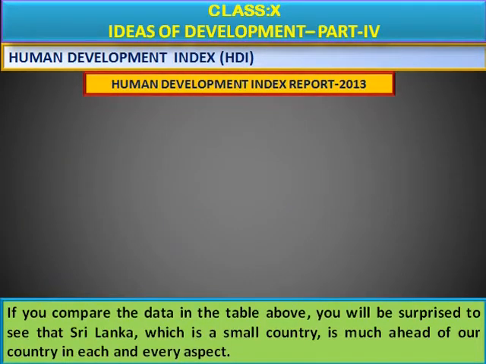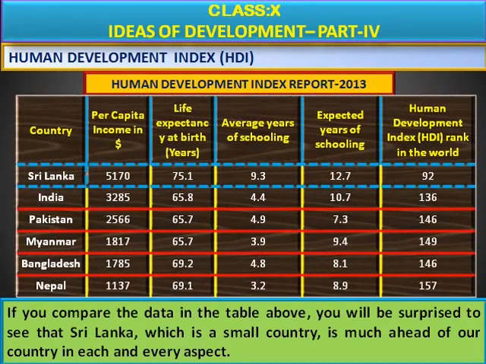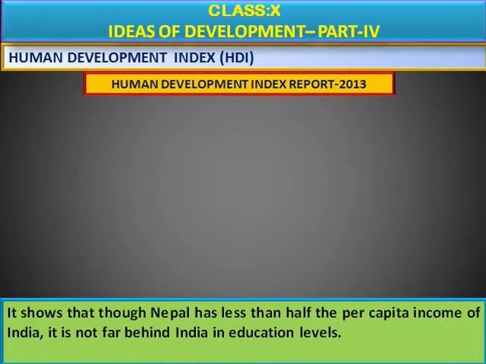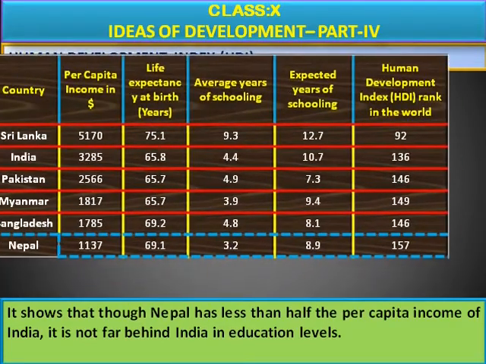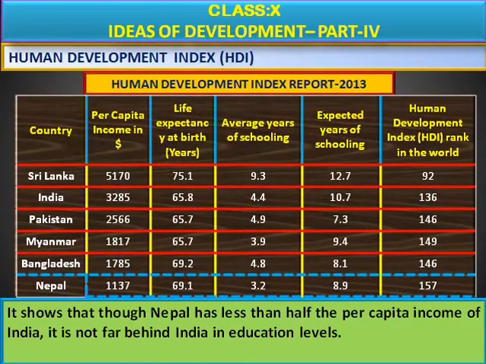This is the Human Development Index report in 2013. If you compare the data in the table above, you will be surprised to see that Sri Lanka, which is a small country, is much ahead of our country in each and every aspect. It also shows that though Nepal has less than half the per capita income of India, it is not far behind India in education levels.